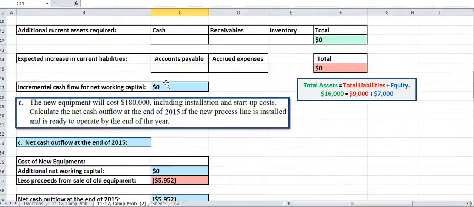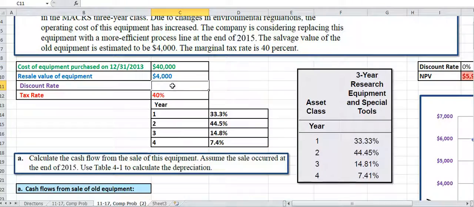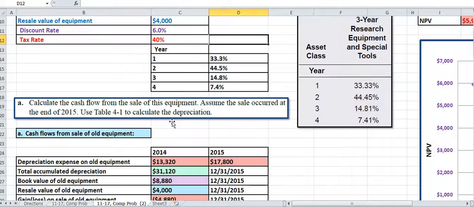So let's go ahead and put the discount rate in here. So we just have that. 6, hopefully that'll be 6. Nope, 600, so it's there. Now it's 6.